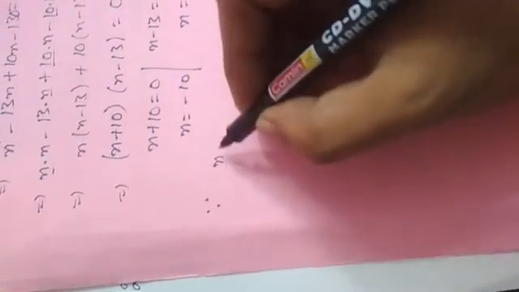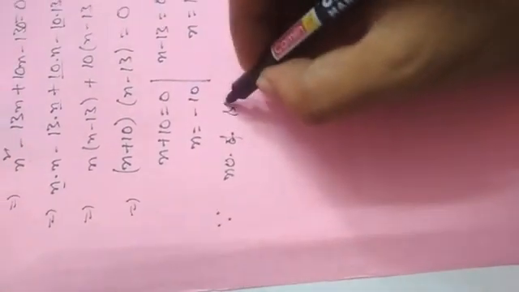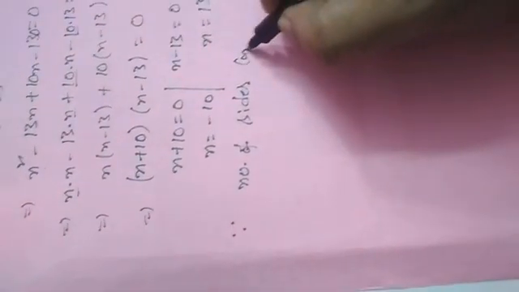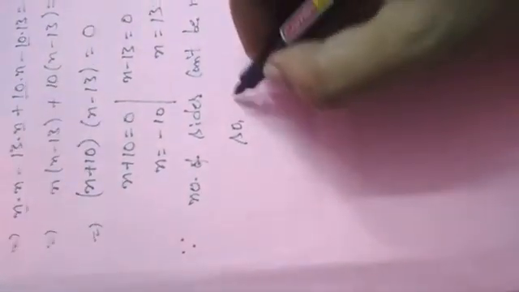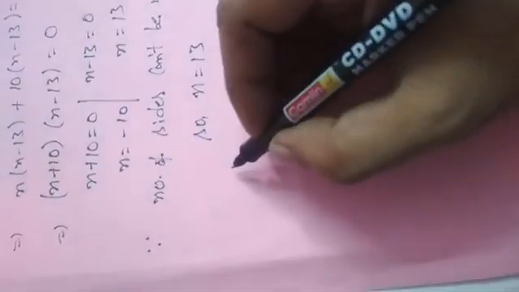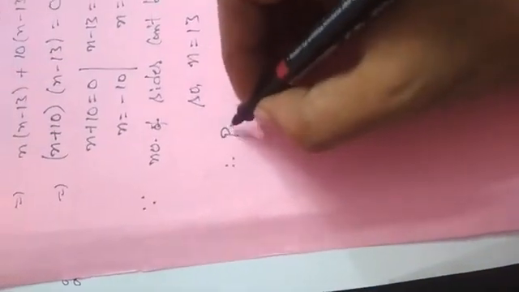Since the number of sides can't be negative, n is equal to 13. Therefore a polygon with 65 diagonals has 13 sides.